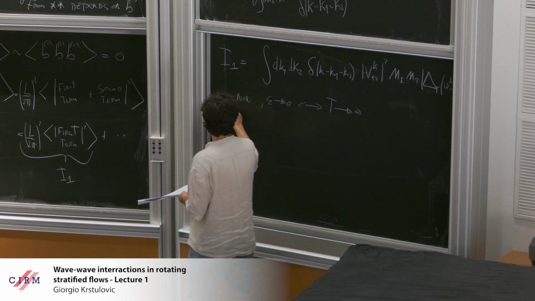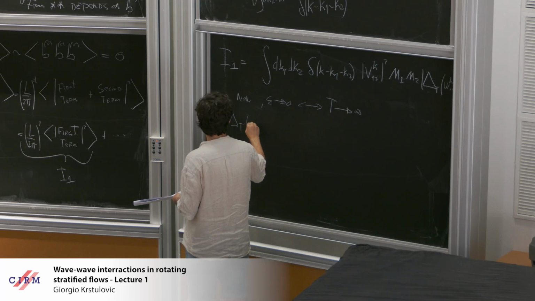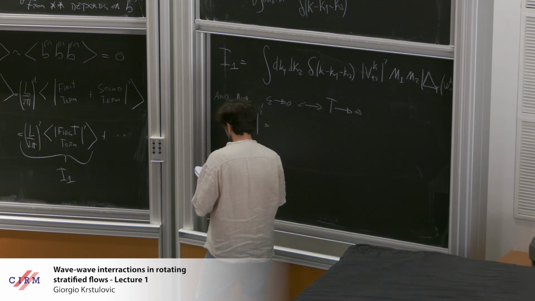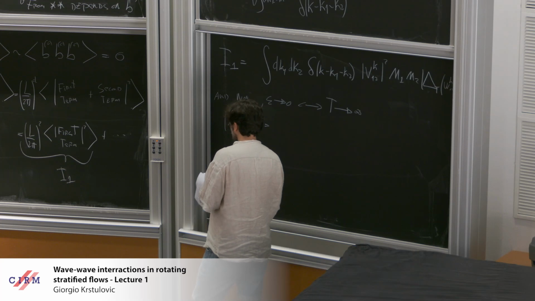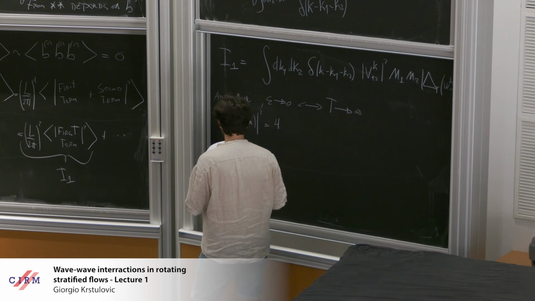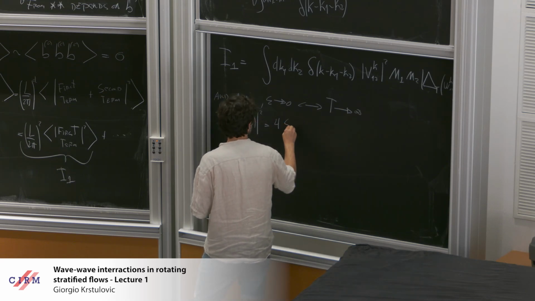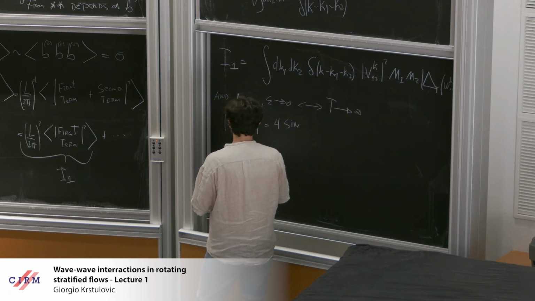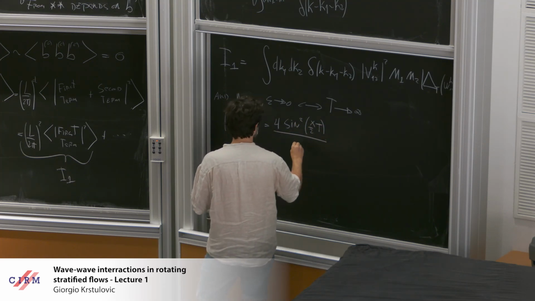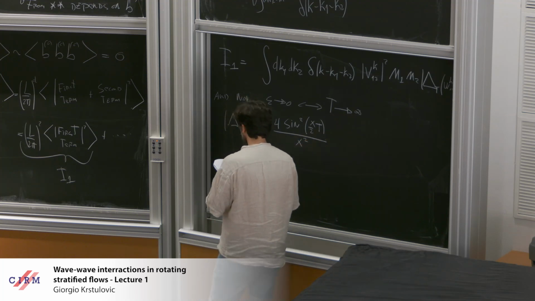So if you look at this delta t of x squared, this is just a sinus cardinal. Just do the computation, it's 4 sinus square of x half over t divided by x squared.